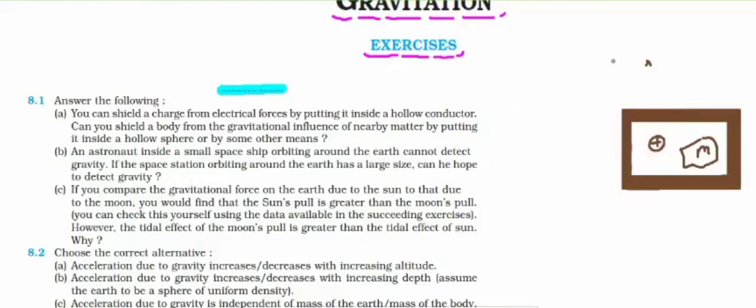Of course, we do. So in the same way, by keeping the mass inside a metal chamber, in a closed chamber, you cannot shield gravitational force. Electrostatic force you can shield with the help of a metal chamber, but you cannot shield gravitational force. You can observe the gravitational field at this point.